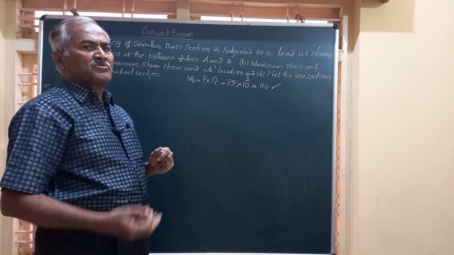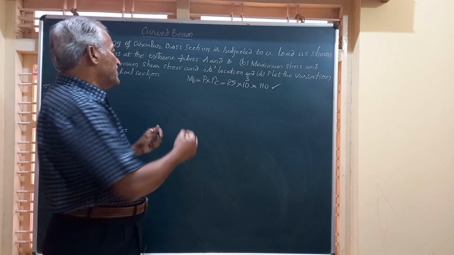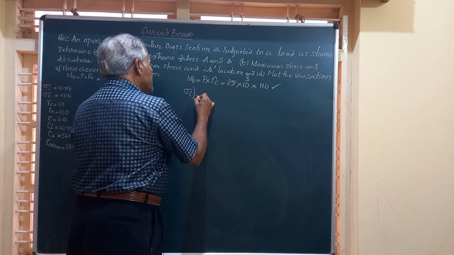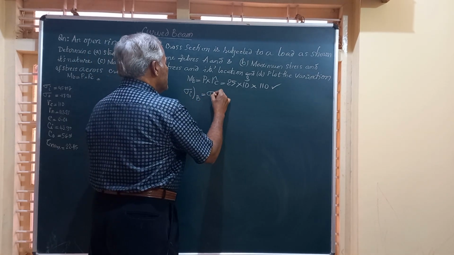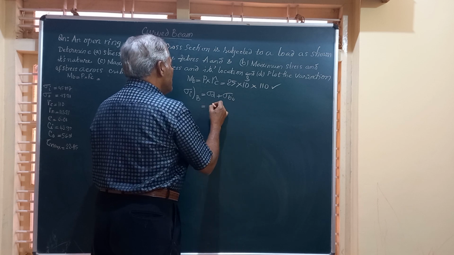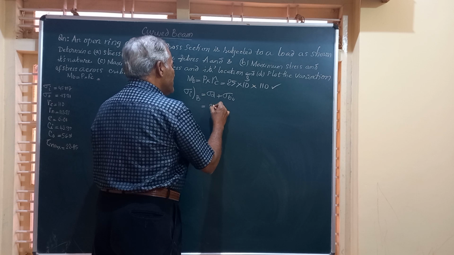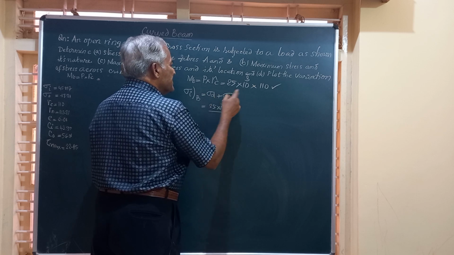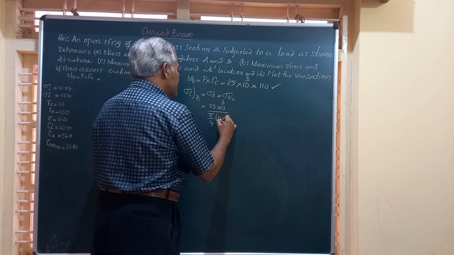So friends, we will substitute all these values in the formula and find out what is sigma I, the stress at B. B is the inner fiber, that is sigma D plus sigma Bi. So this is sigma D, P by A, P is 25 into 10 to the power of 3 divided by area of cross section, which is pi by 4 diameter square.